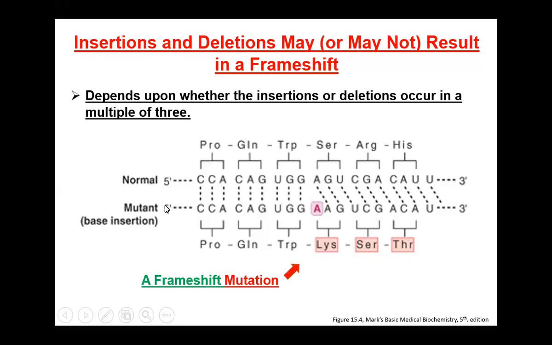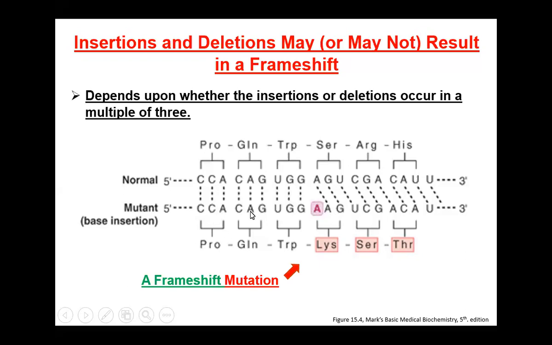But now, this bottom sequence, again just a hypothetical example, let's say there is an insertion here. And now, with this insertion, look at what happens to our codons downstream of the mutation.